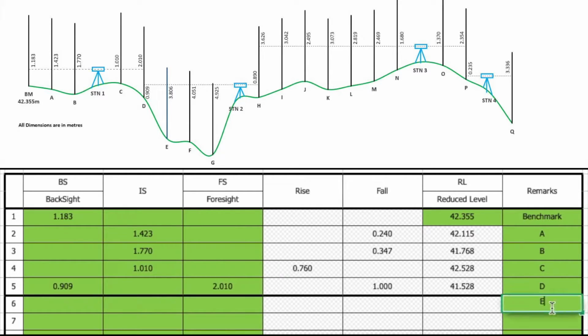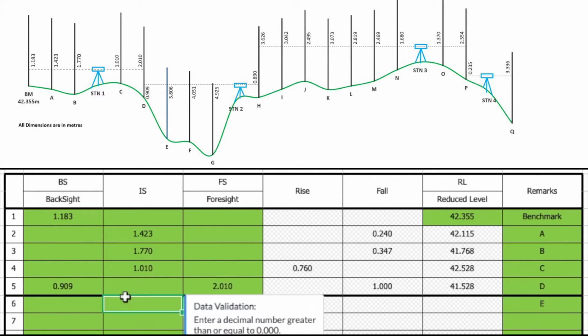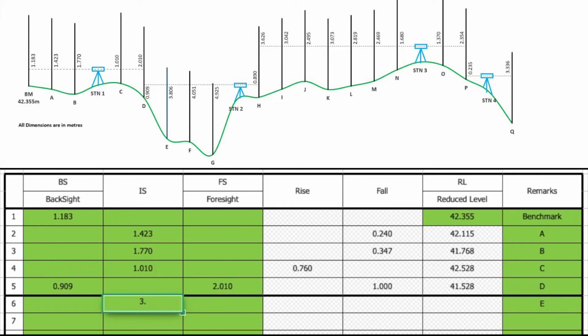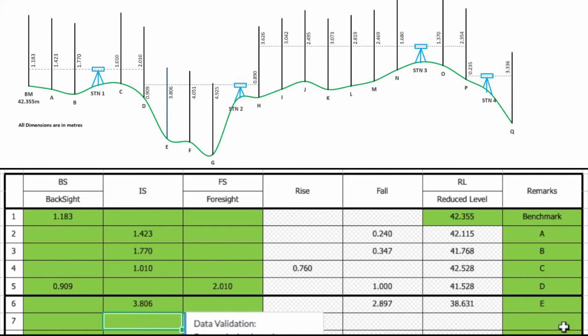Point E is an intermediate value, 3.806. Point F, again an intermediate value, 4.051.